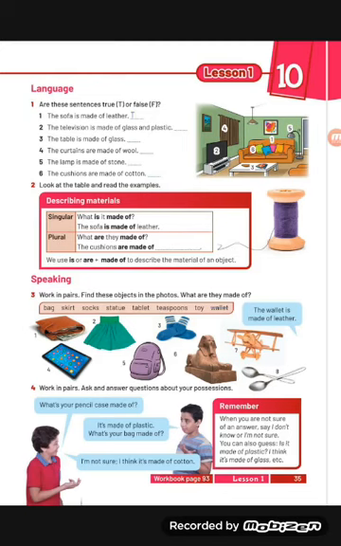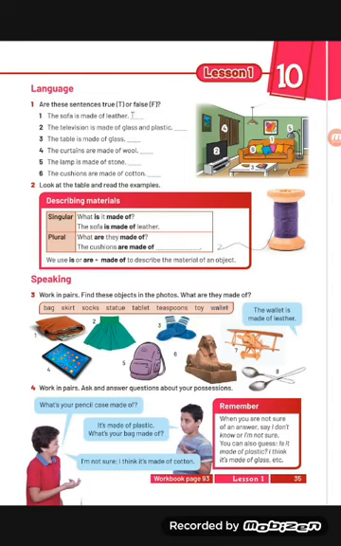But if the material changes, we use made from. For example, if I say the chair is made of wood, here the basic material is wood. Does it change? No. So we use made of.